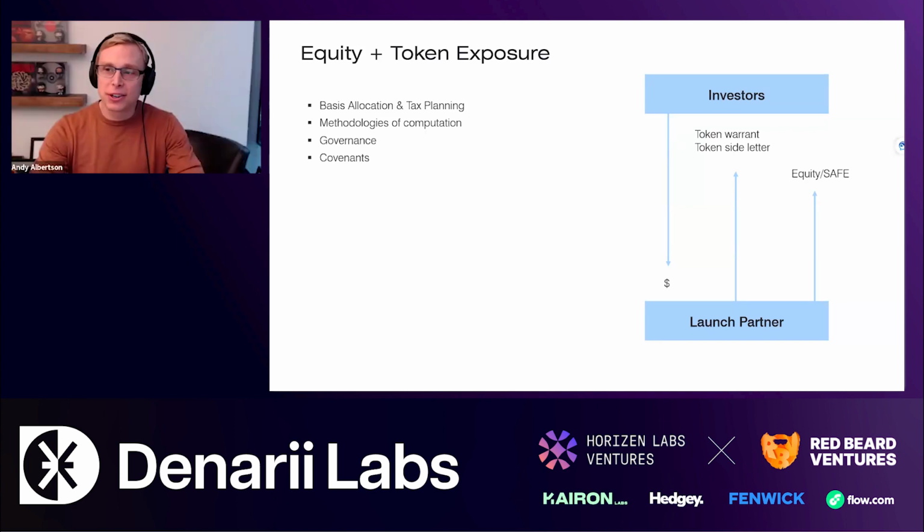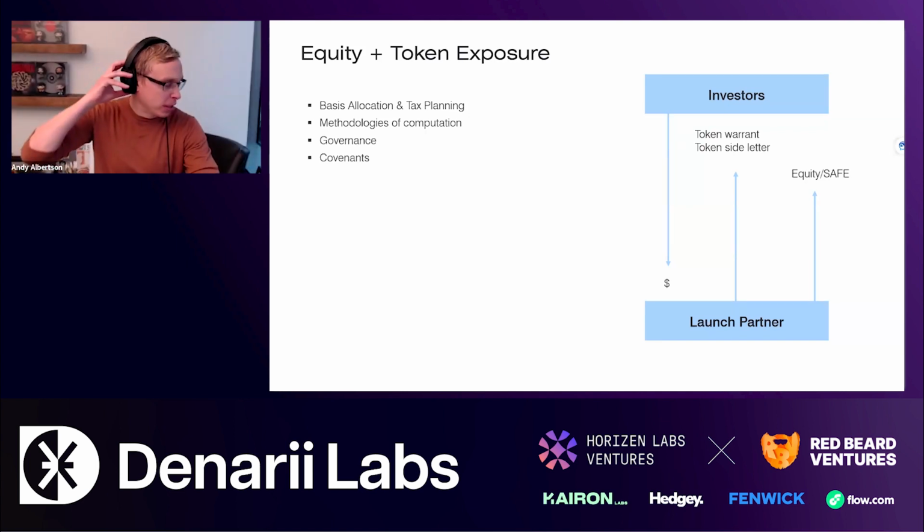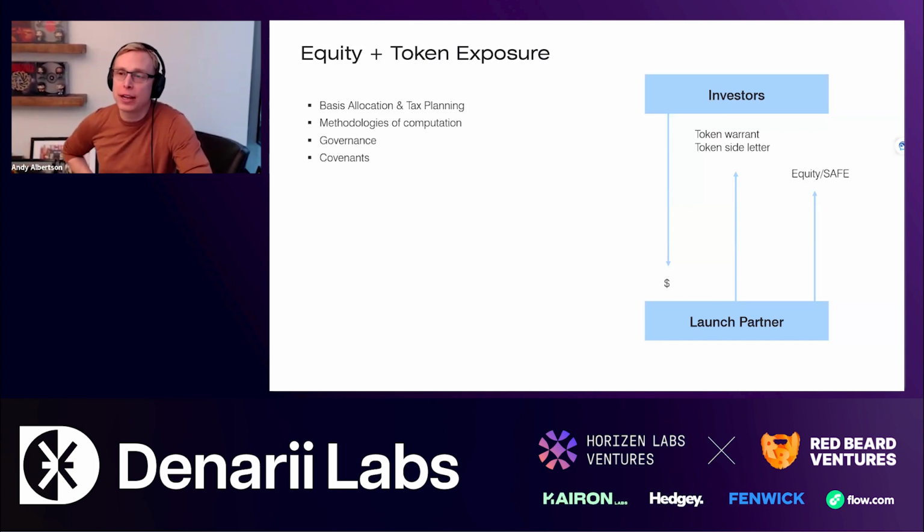And this one turns on a really weird point in my experience. So there's a couple different ways that you can compute the investor's token allocation. And it really drives the governance outcome. So the traditional way, where we did it in the early years, was a percentage of an inside allocation.